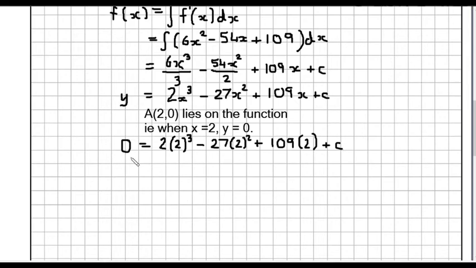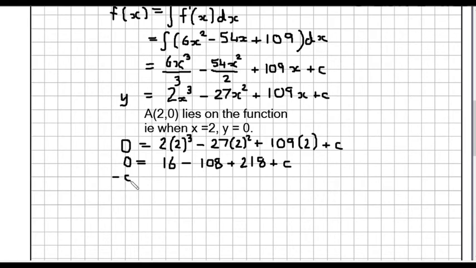So 0 is equal then to, well, 2 by 2 cubed, that's going to give us a total of 16, minus 27 by 4, that's going to give us 108, and then 109 by 2, that's 218, plus c. So let's bring this c over here and make it a minus.